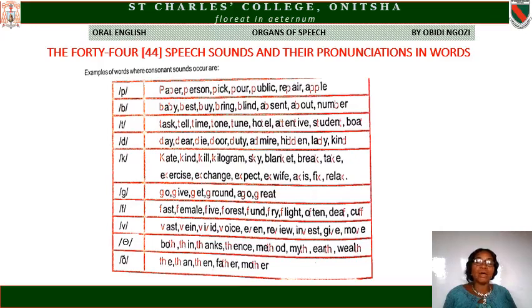You can see the lower ones from exercise. They don't contain any K letter, but the X there sounds ks. The X in exercise sounds ks. G: go, give, get, ground, ago, read.